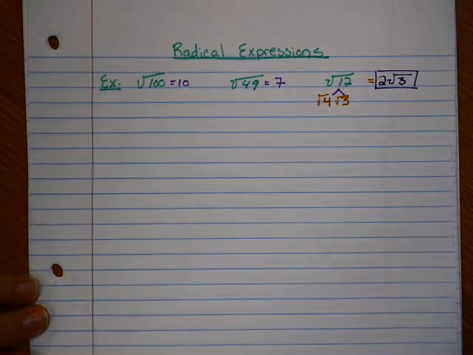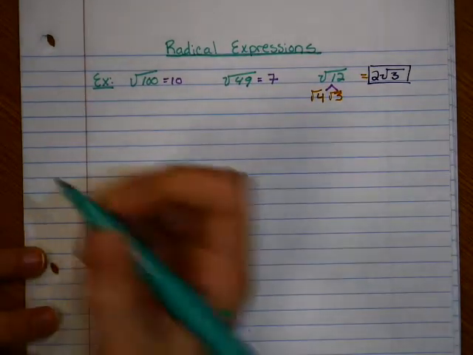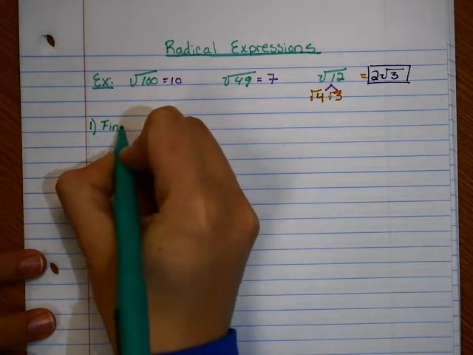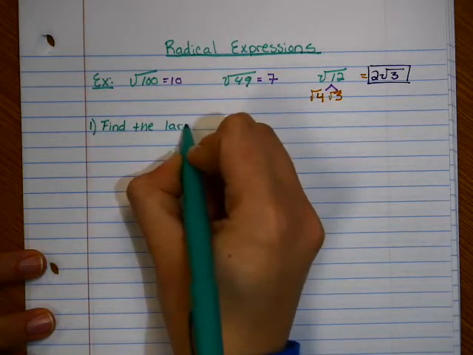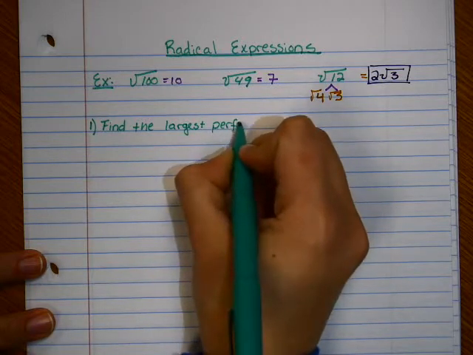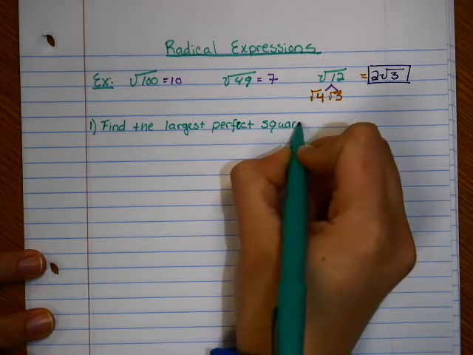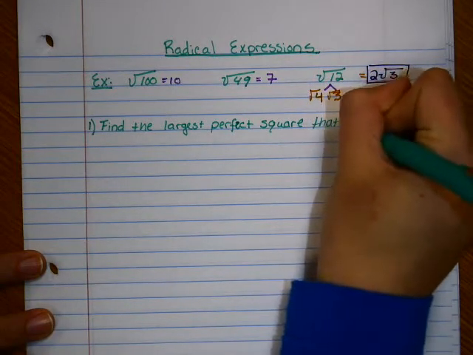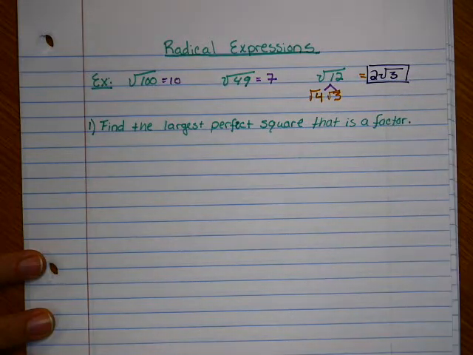So what are some steps we can write just to simplify these radical expressions? So first, let's find the largest perfect square that is a factor. Okay.